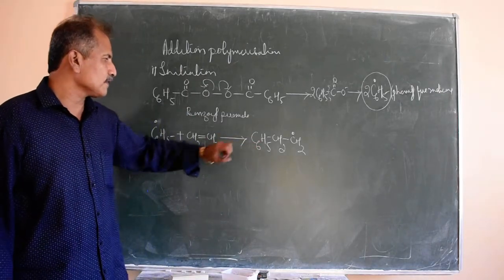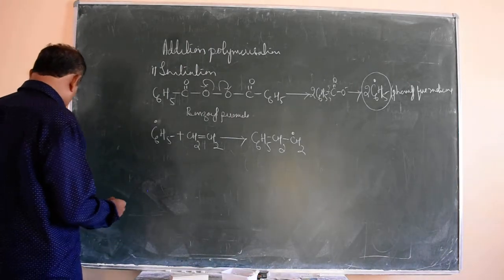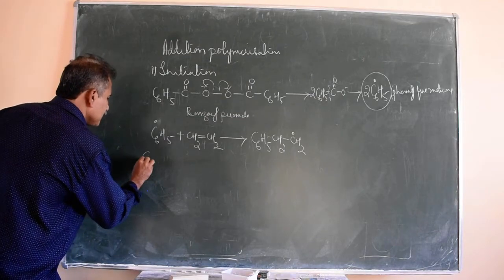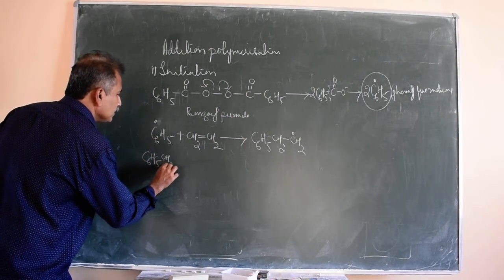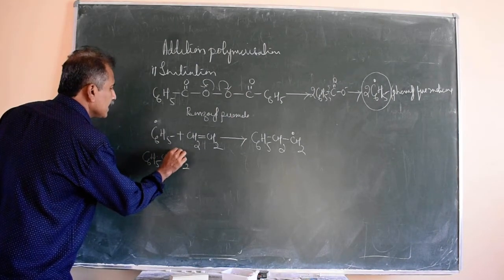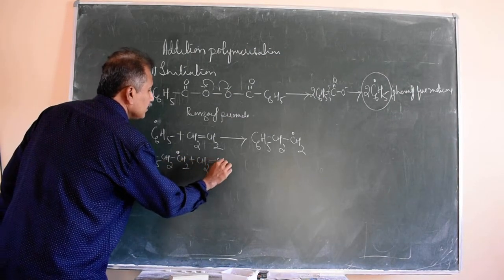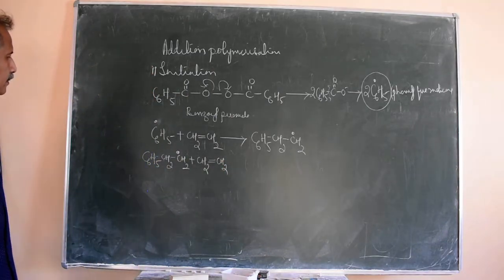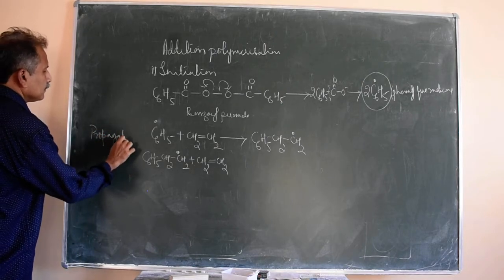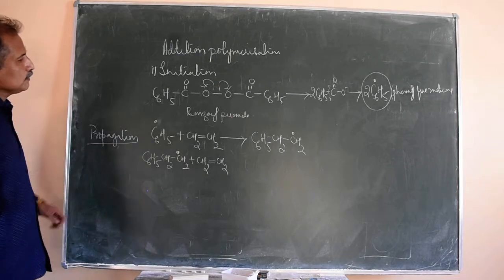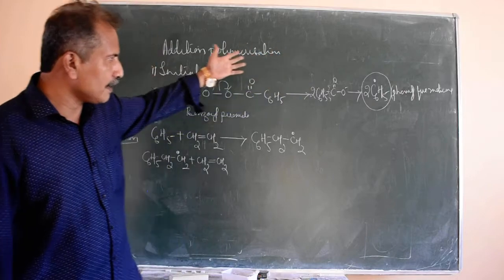As soon as this radical is formed, it attacks more ethene molecules. So C6H5-CH2-CH2 radical will attack more. This is now the second step, and the second step is called propagation. In the first step, the benzoyl peroxide undergoes fission to form 2 phenyl free radicals.